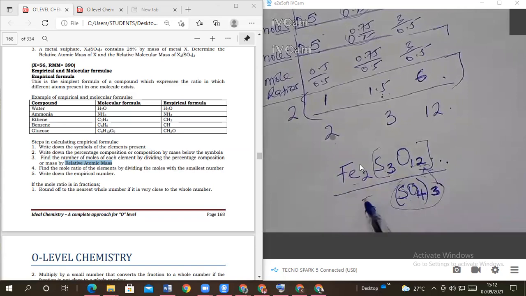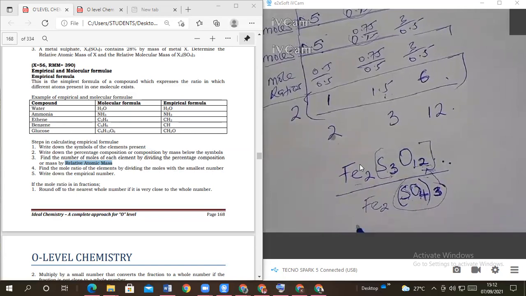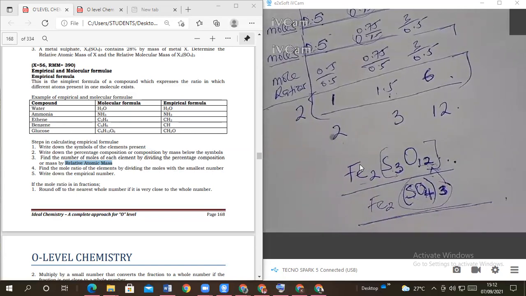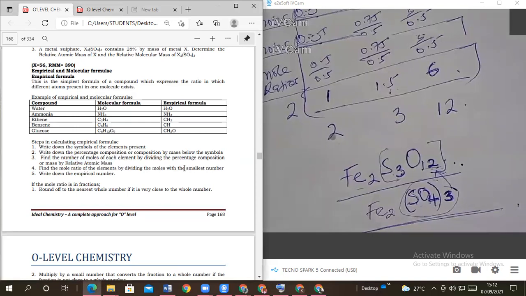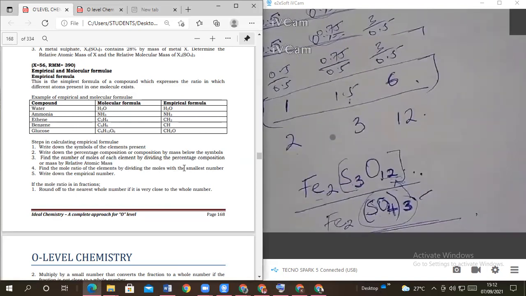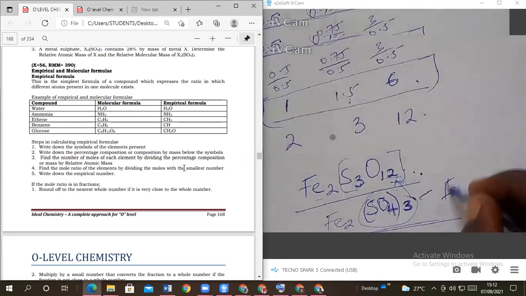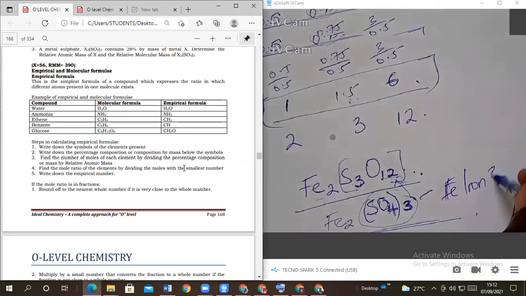Then you copy only iron 2. So what is the name of this compound? Iron 2 sulfate? Is it iron 2 sulfate? It is iron what? Then this is iron 3. Iron 3 sulfate, isn't it?